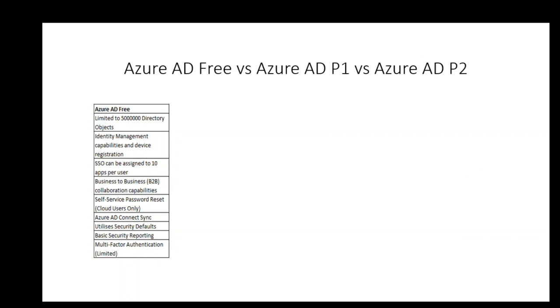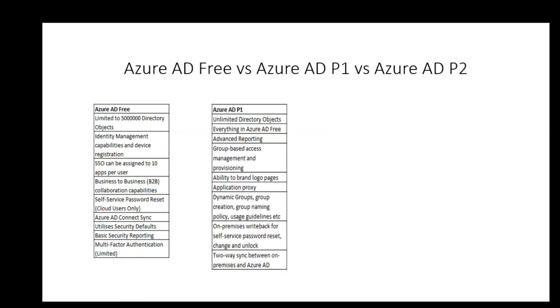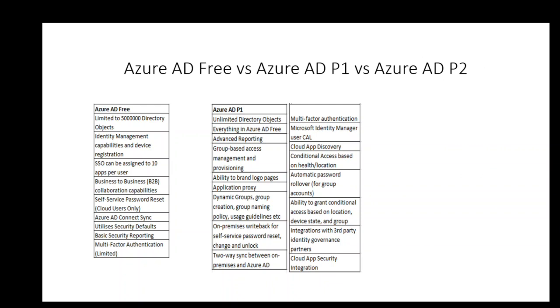If we move on to Azure AD Premium 1, we can see the first difference is that you have unlimited directory objects. You have everything within the Azure AD free list there, as well as application proxy, dynamic groups, on-premises write back for password reset and change and unlock, two-way sync between on-premises AD and Azure AD, multi-factor authentication, conditional access based on health and location.